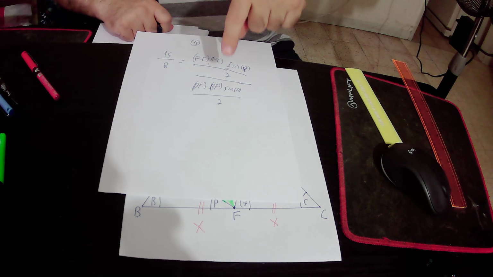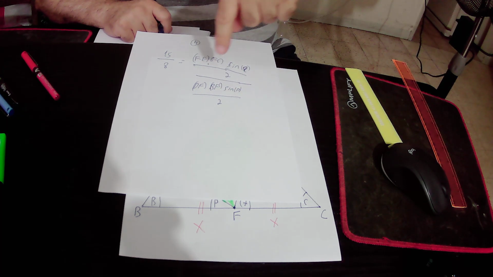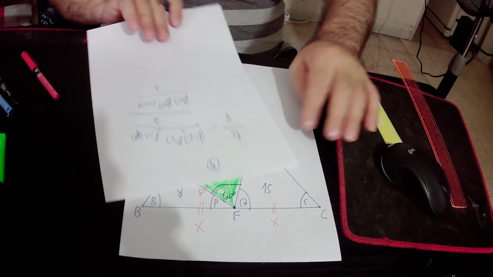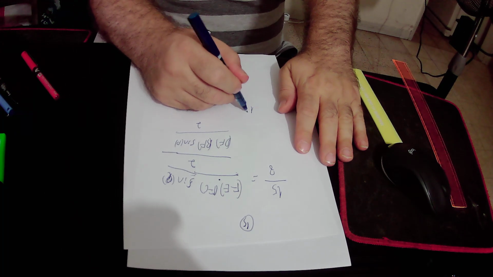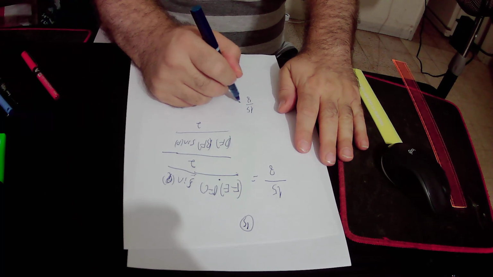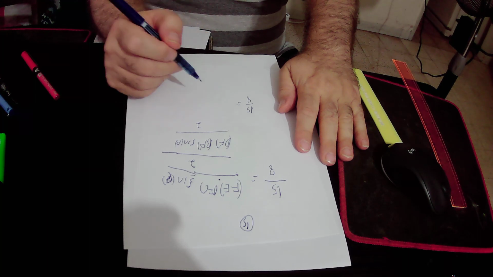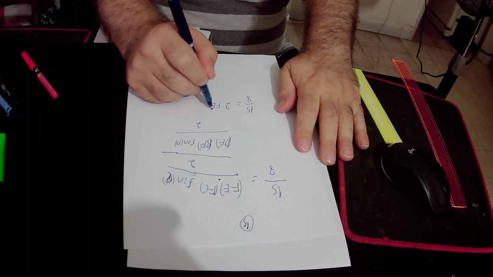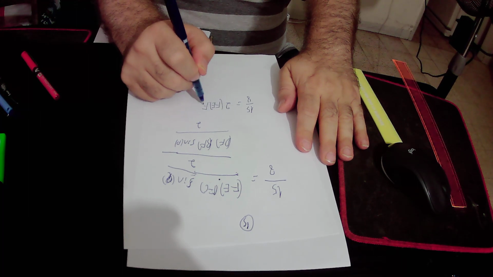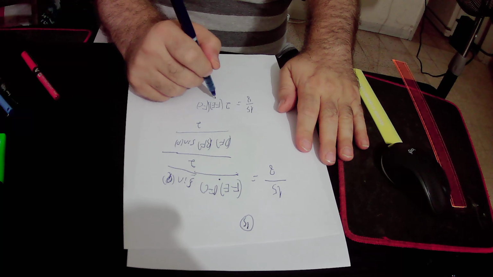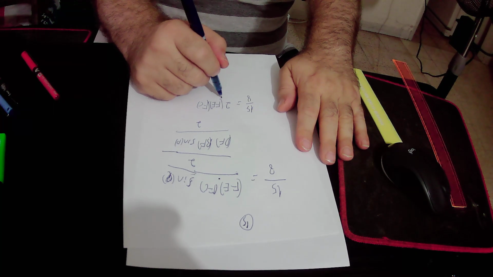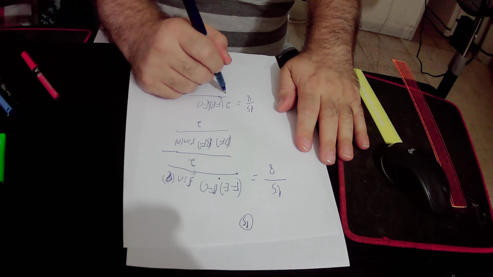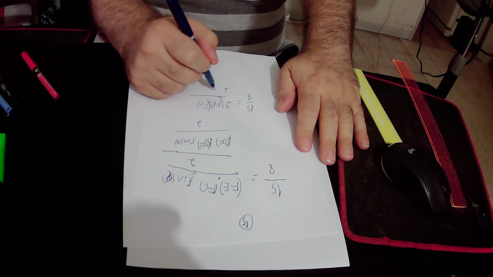Here we will move these two to the numerator and this expression to the denominator, and we'll get that 15 over 8 equals 2 times FE times FC over 2 times DF times BF.